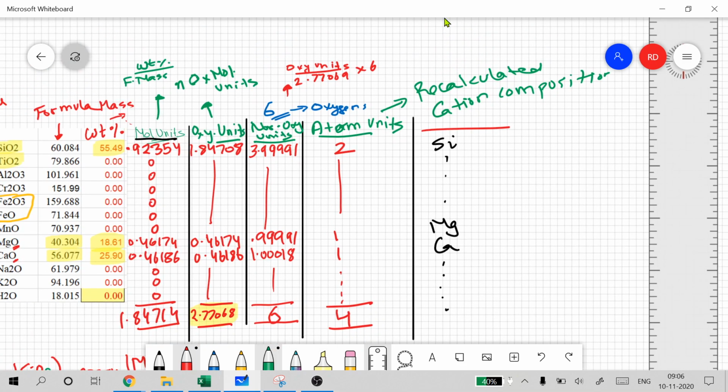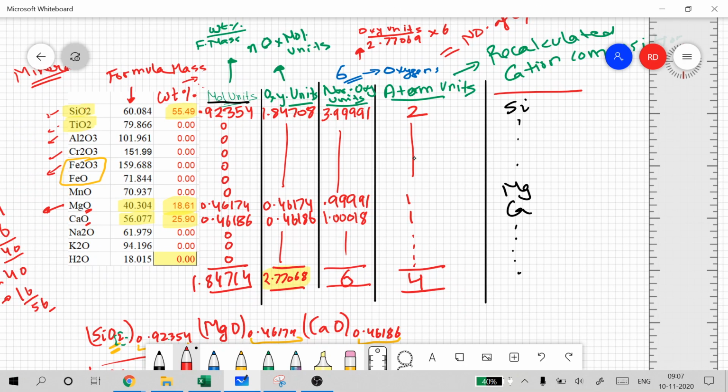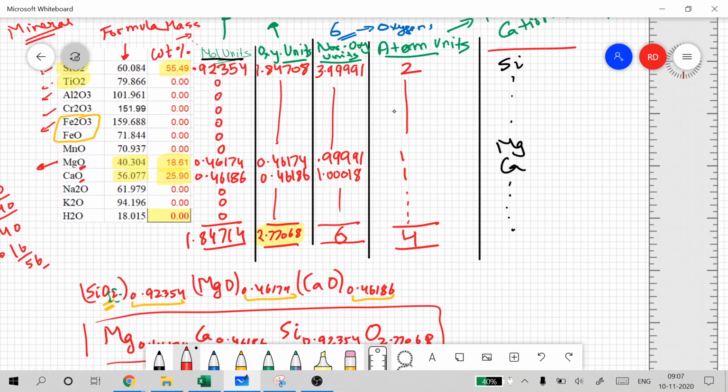Atom units is basically the number of oxygens divided by what you have on top, divided by 2 in this particular case, so I'll just write n. How many oxygens you have with each silicon, so you'll get the number of silicons. We could also write cation units here. So these are atom units or cation units, and this is finally what you get.